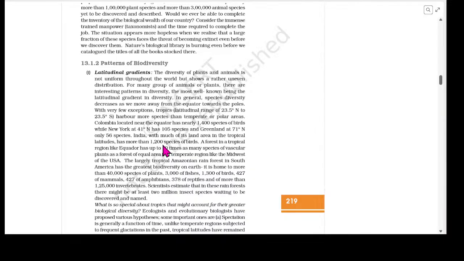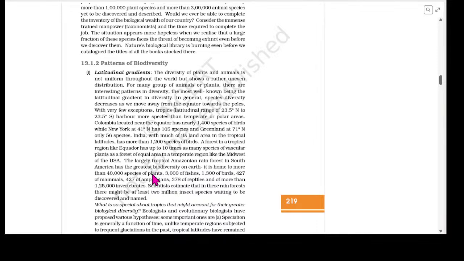A forest in a tropical region like Ecuador has up to 10 times as many species of vascular plants as a forest of equal area in a temperate region like the Midwest of the USA. The largely tropical Amazonian rainforest in South America has the greatest biodiversity on Earth.